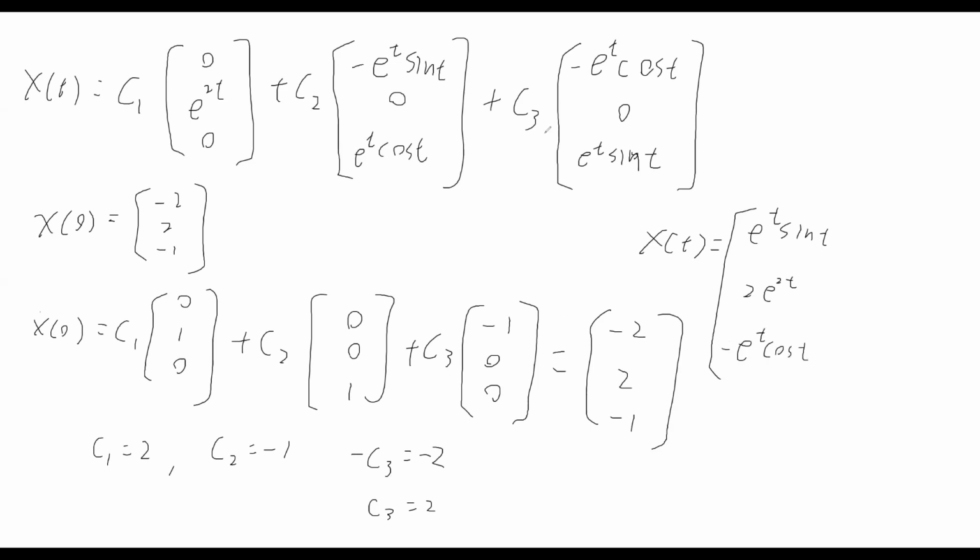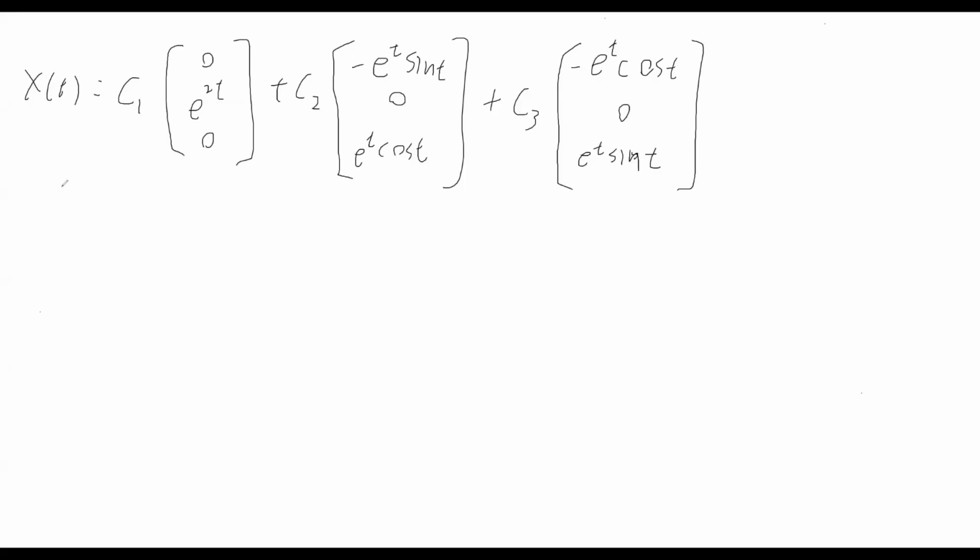And C3 is a 2, right? So multiply in there: -2e^t cos t. It's a 0, don't worry about it. And then plus 2e^t sin t. Okay, and there we go. That's our solution for the first part, for the first initial condition.